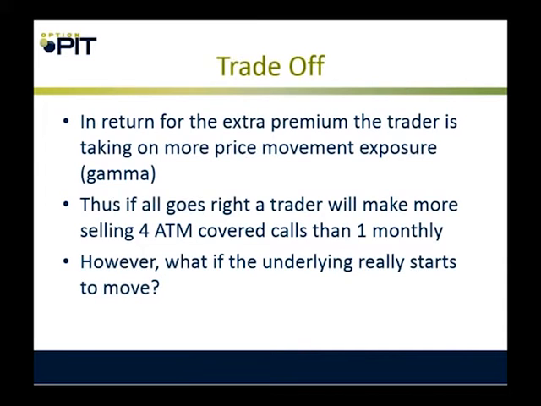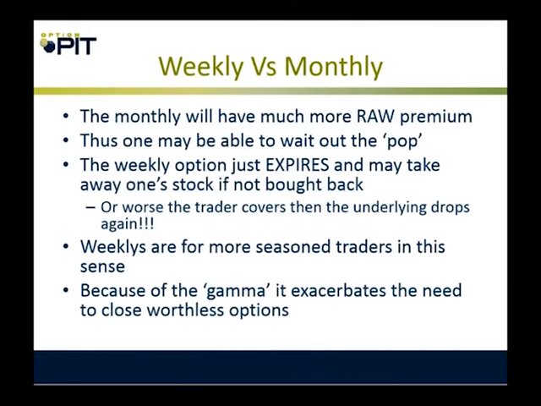However, what if the underlying really starts to move around, up and down, side to side, all over? The monthly will have much more raw premium. Thus, one is able to wait out the pop. All right? The weekly option just expires and may take one's stock away if it's not bought back.